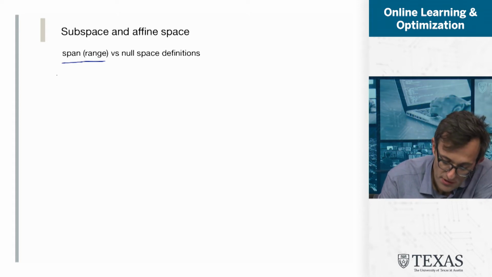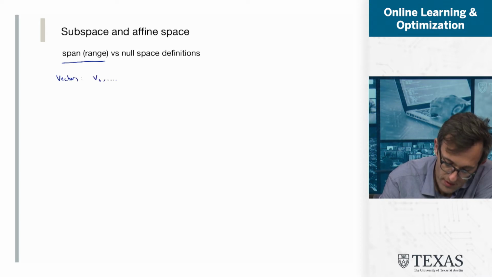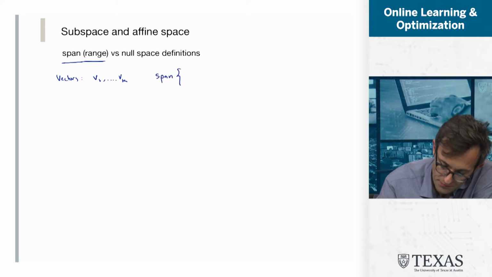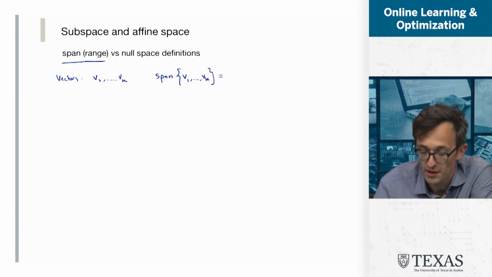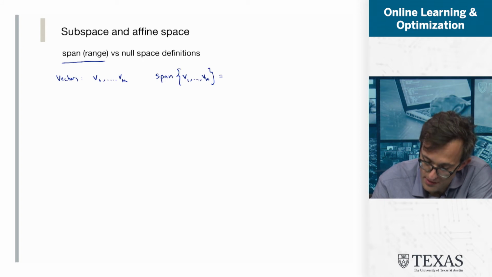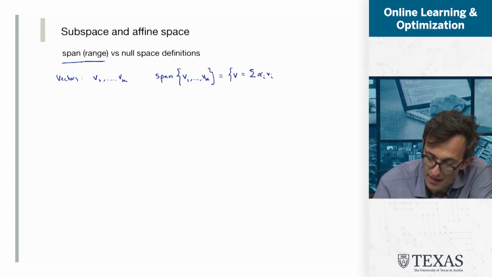If I have vectors v1 to vk, remember that the span of these vectors is defined as the set of all possible linear combinations of them. In other words, it's the set of vectors v such that v is equal to the sum of alpha_i v_i for some scalars alpha_i.